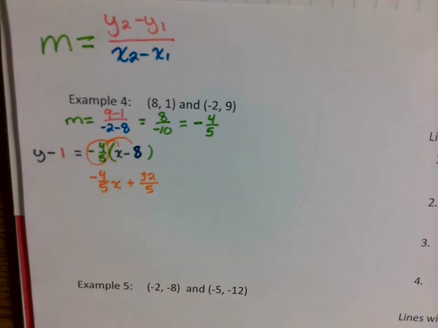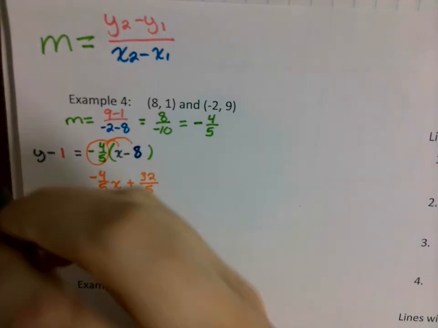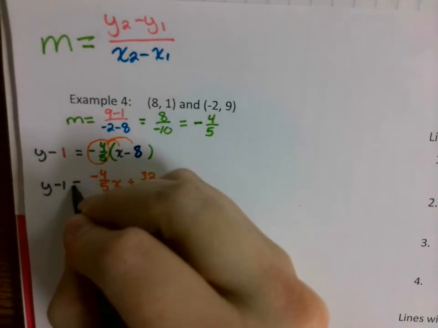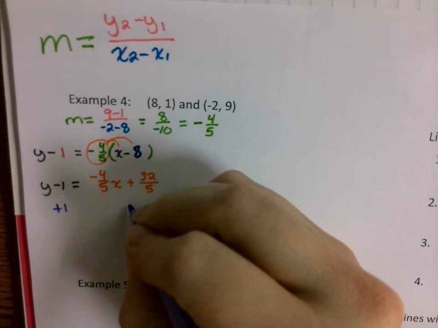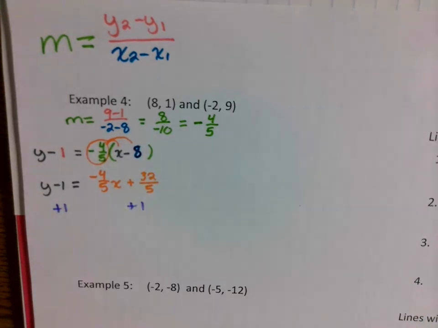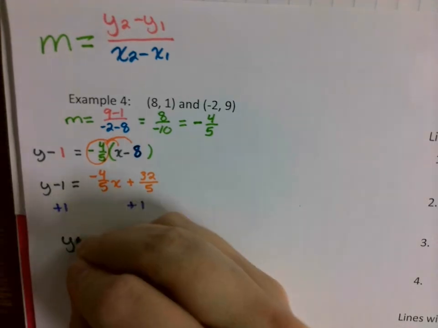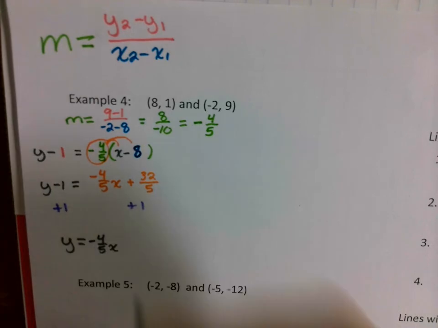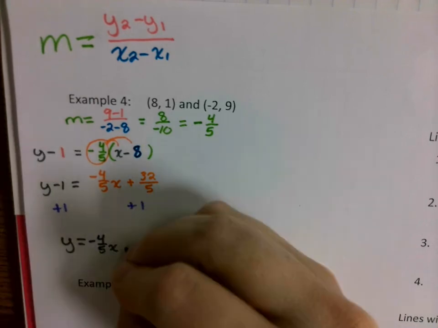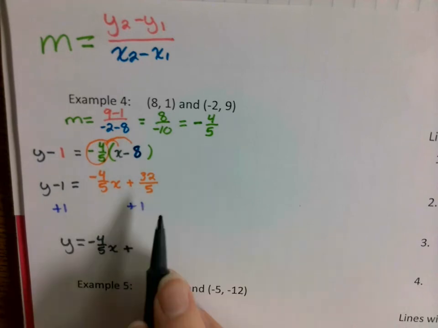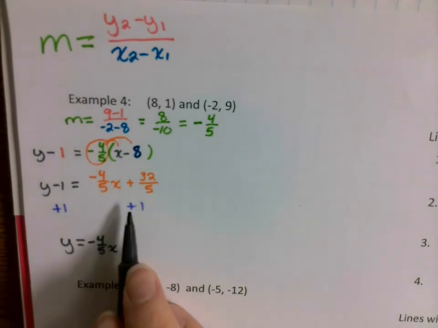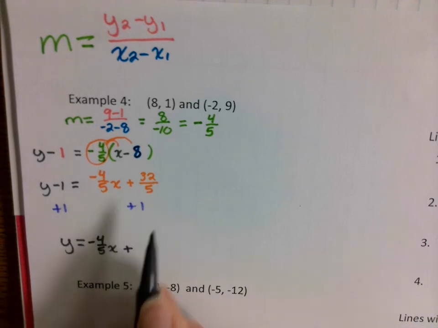I still have that y minus 1 on the other side, though. So the last thing I'm going to do is add 1 to both sides. By doing so, I'm going to wind up getting y is equal to negative 4/5 x plus, if I'm adding a 1 and I don't have a calculator, 1 whole is the same thing as 1 over 1, or 2 over 2, or 3 over 3, or 4 over 4, or 5 over 5.